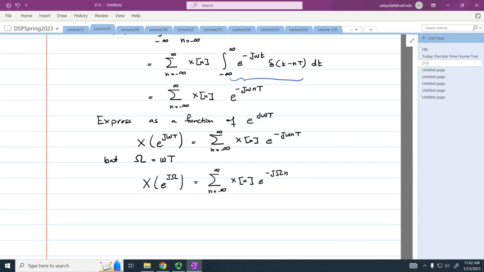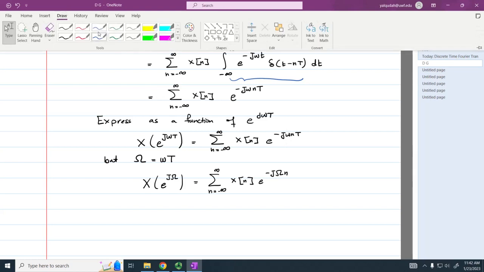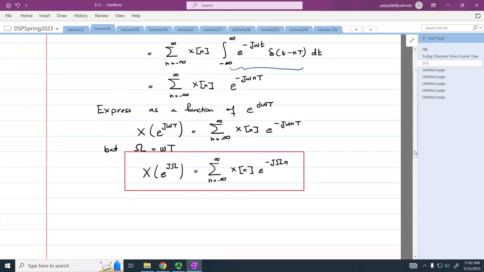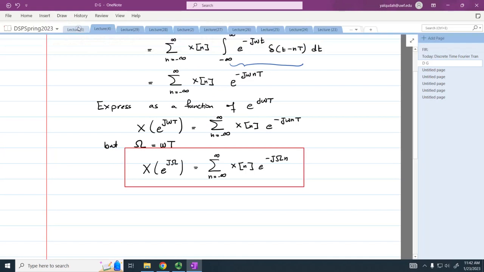And this is how we define the discrete time Fourier transform. X as a function of e to j omega is equal to summation x of n e to negative j omega multiplied by n. We call this the discrete time Fourier transform. Together? Okay.